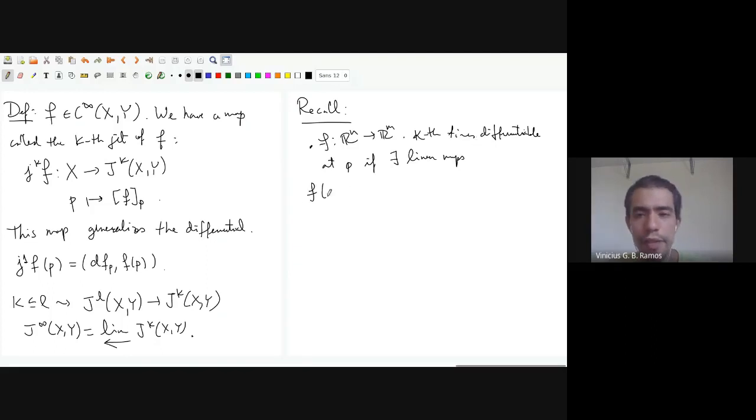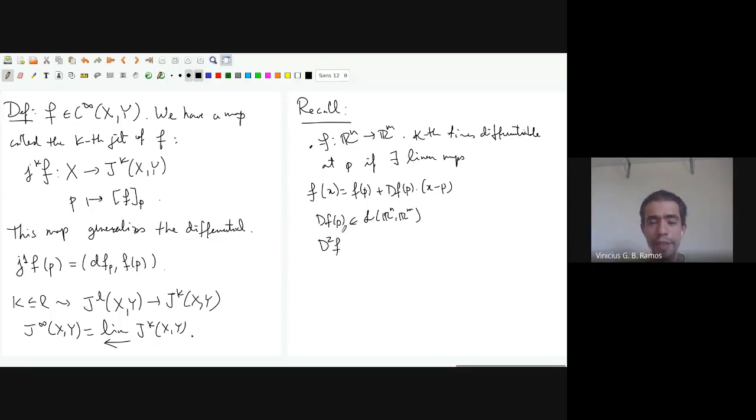So the first, so that you can write the function f(x) as f(p) plus df_p applied to x minus p. So df_p is easy. df_p is just a linear map from R^n to R^m. And then the second derivative is supposed to be the derivative of the map df. So the second derivative at p is a linear map from R^n to the set of linear maps from R^n to R^m. Okay.